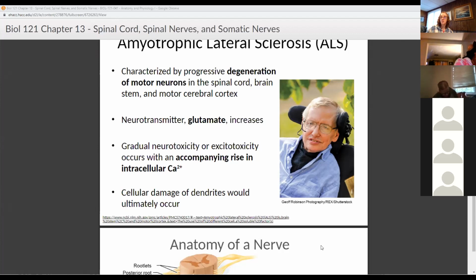So what it results in is excitotoxicity that results in a major rise in intracellular calcium levels, with ultimate destruction of dendrites. If you think back about what you know about the neuron, you can understand that. The destruction of the dendrites would result in destruction of neurons, because that's how they get sensory input.